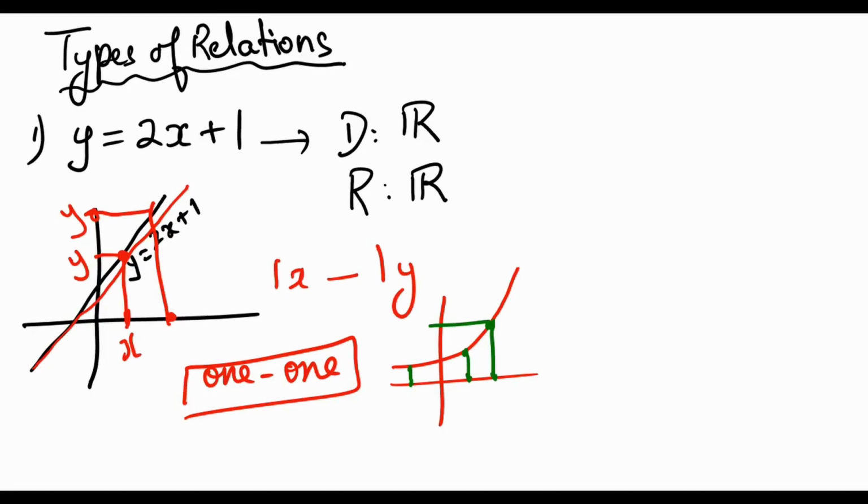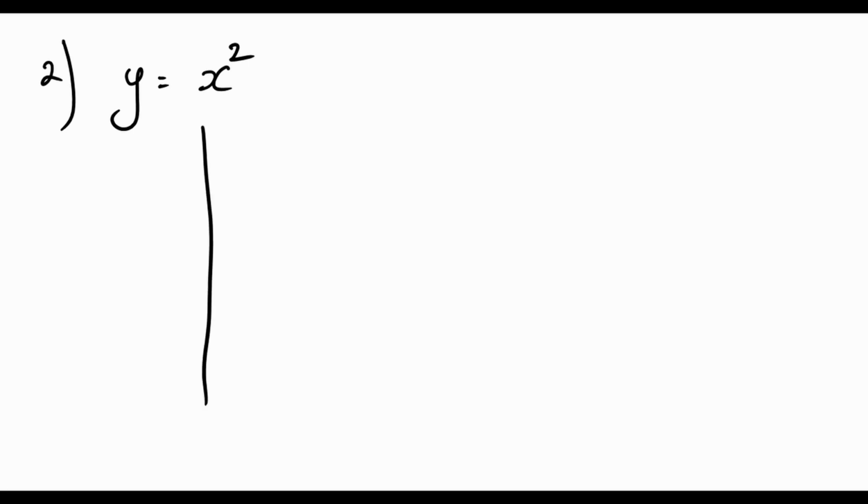So these are all examples of one-to-one relations. Okay. So the second one would be, let's take y is equal to x square. If I consider the graph of this, then the graph looks like this.